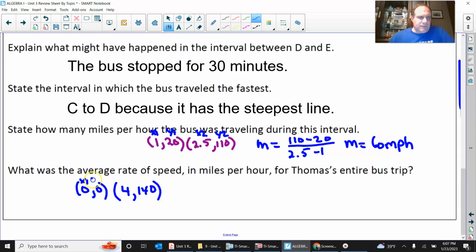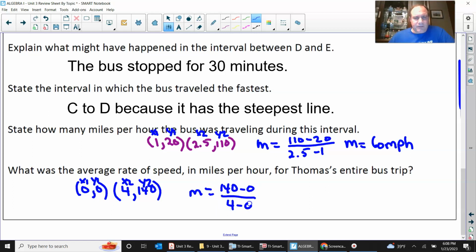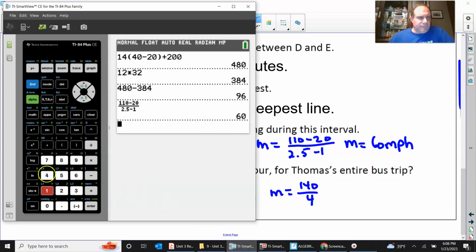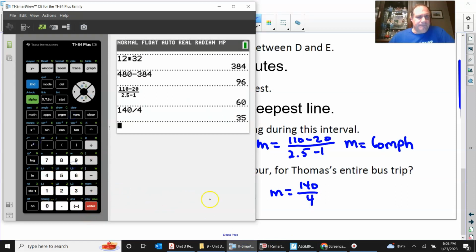So we're going to do x1, y1, x2, y2. M equals 140 minus 0 over 4 minus 0. So really 140 over 4. Let's see how fast we were going. 140 divided by 4 is 35 miles an hour for the entire bus trip.